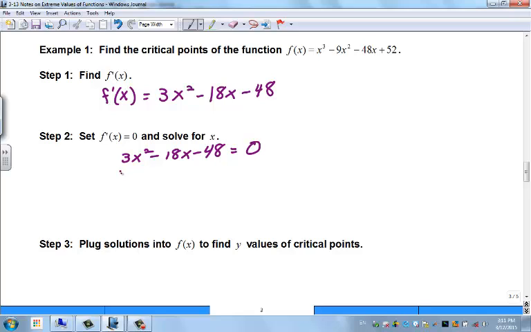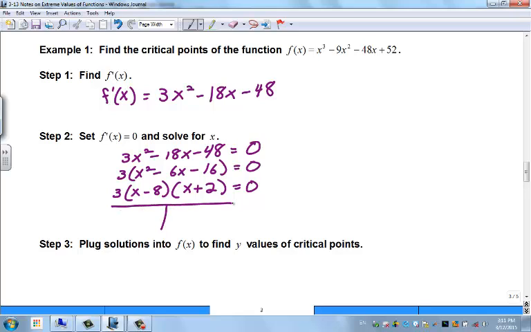Now this is something you've done before, right? So we factor out the 3, we have x squared minus 6x minus 16 equals 0, and then we can go ahead and factor that. X minus 8 times x plus 2, and then finally we will go ahead and set each part equal to 0.